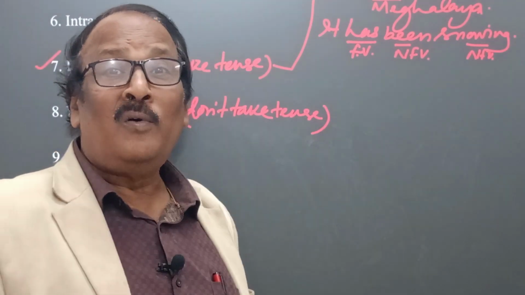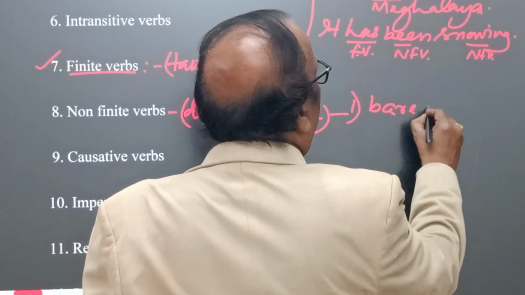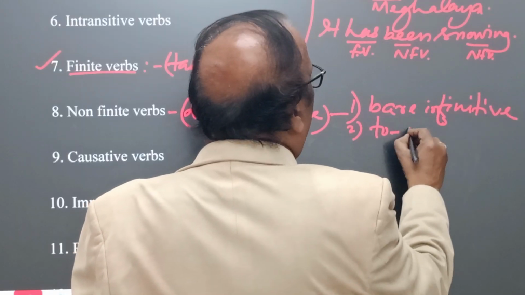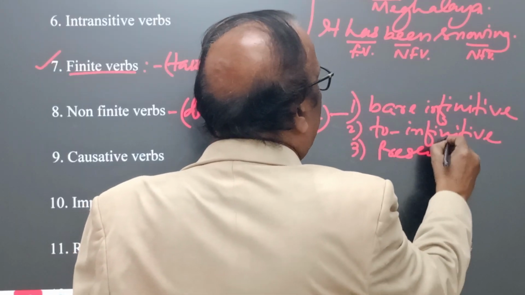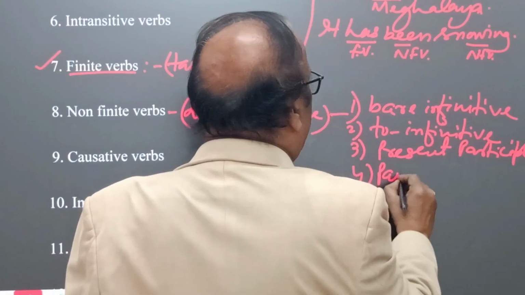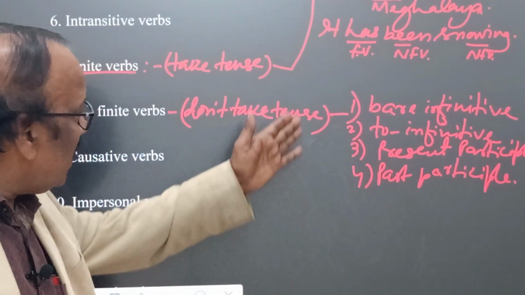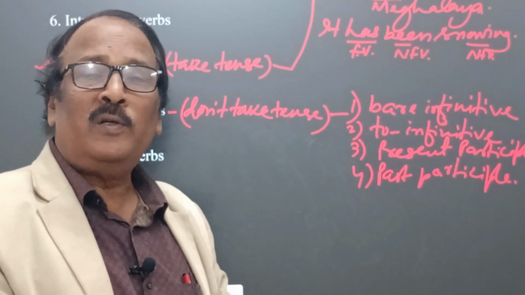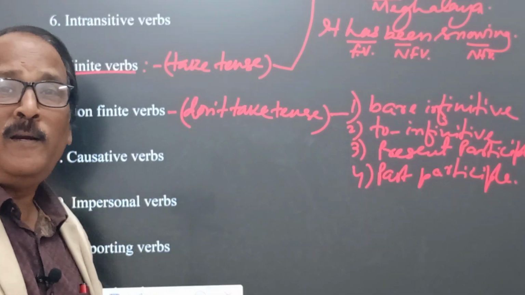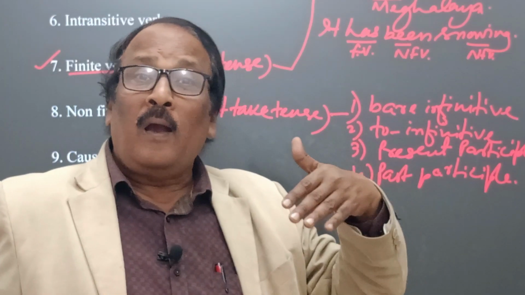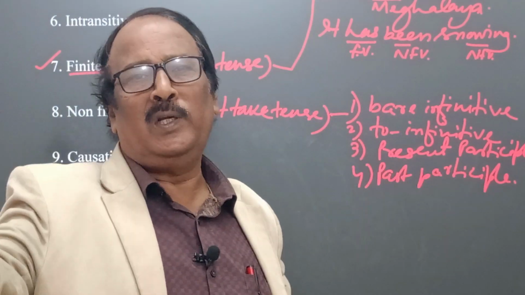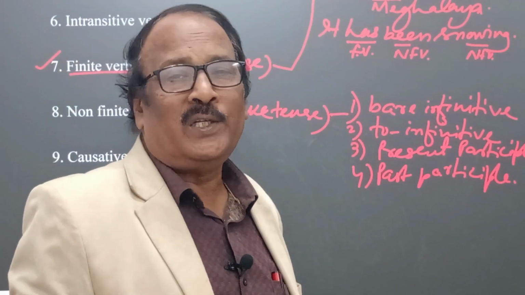Non-finite verbs are of four categories: bare infinitive, to infinitive, present participle, past participle. Okay, these are the four categories of non-finite verbs. It will be very clearly discussed in subsequent units.